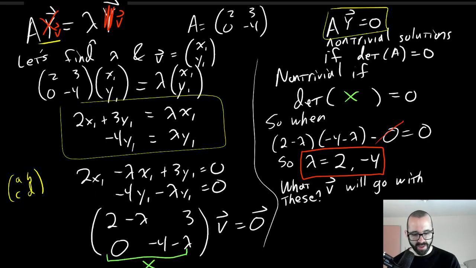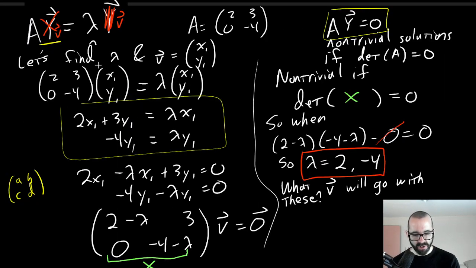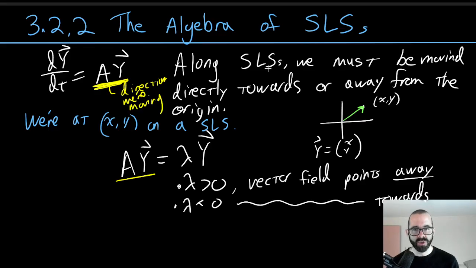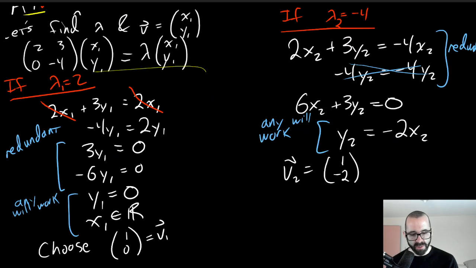So, we said we're looking for lambda and v. That is going to help us find our straight line solutions, because that's when we're moving either directly towards or directly away from the origin, which translates to solving this equation. We found that happened for 2 values of lambda.